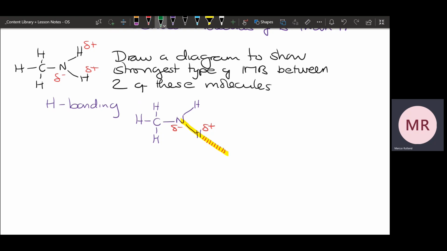At the other end of that, you get the lone pair of electrons. Make sure they're drawn nice and big and visible. And then that's on the nitrogen on the second molecule. Beyond that, we need to make sure that we have the charges, at least one, the delta minus on the N, and at least one balancing charge, a delta plus H. The rest of the molecule, it really doesn't matter how that's fitted in.